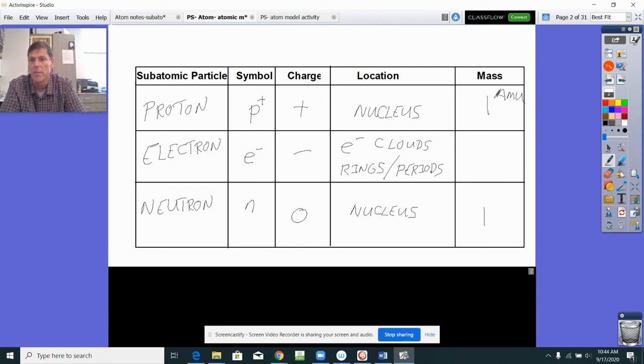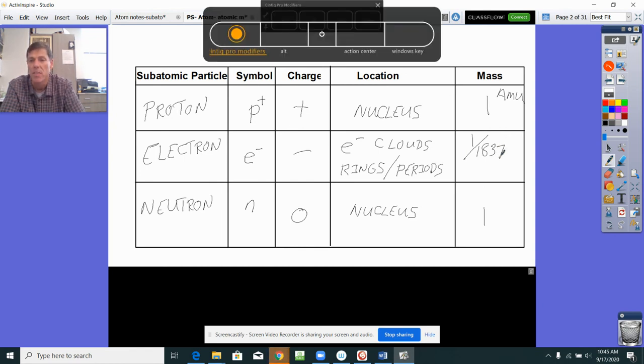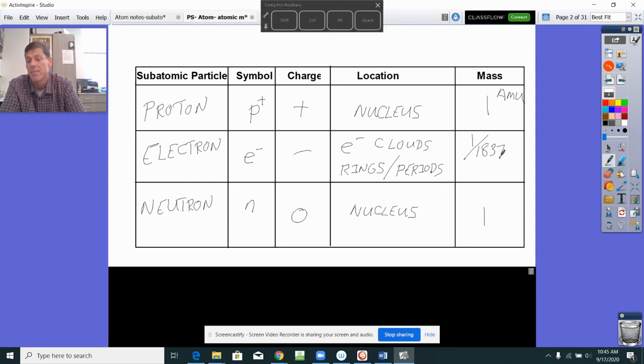The electron, though, is the difference. In reality, its mass is 1/1837th of that of a proton. Think about it this way.